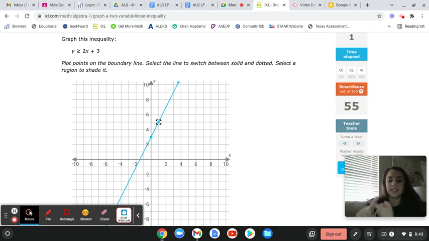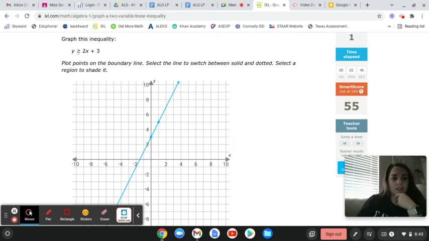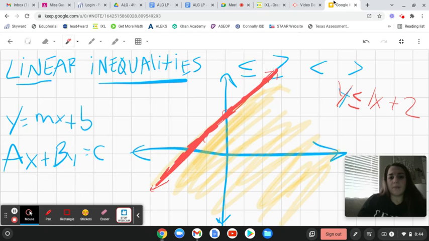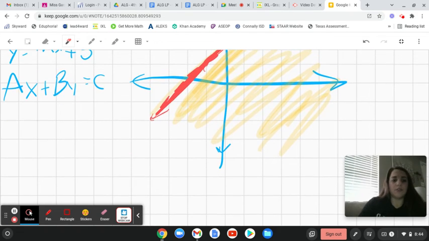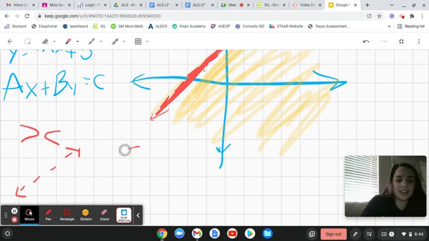Now I have to think, is it solid or is it dotted? Let's figure it out. We have a greater than or equal to. Since we have the or equal to, we leave it as a solid line. We do not need to change it to the dashed. Remember that I'm going to make a quick little note to myself over here in my little notes that if we have greater than or less than, it is dashed.